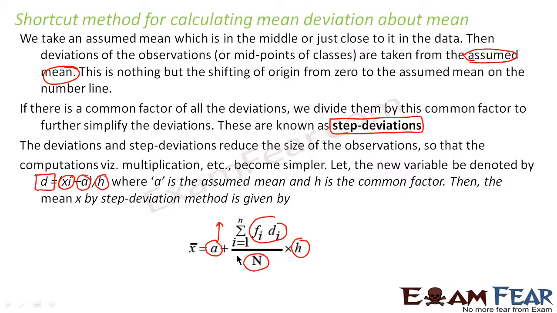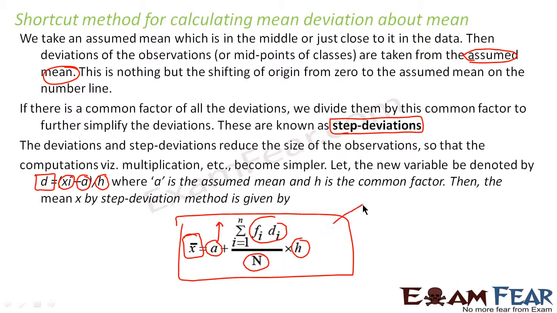So the formula came out to be A plus sigma fi di by n into h. Please remember this formula, and note that this will give you the mean.